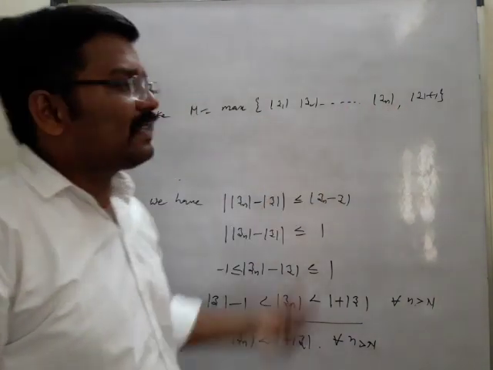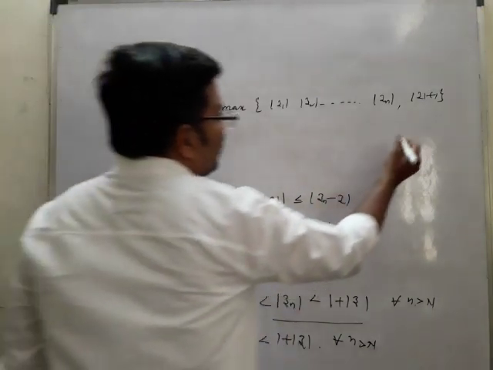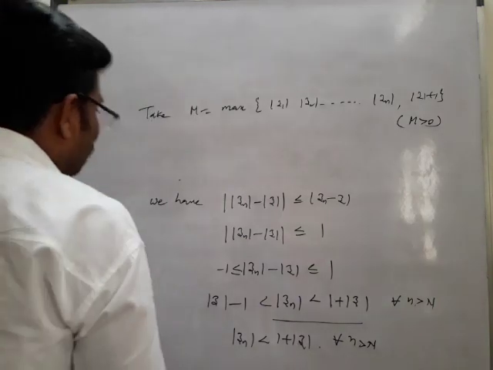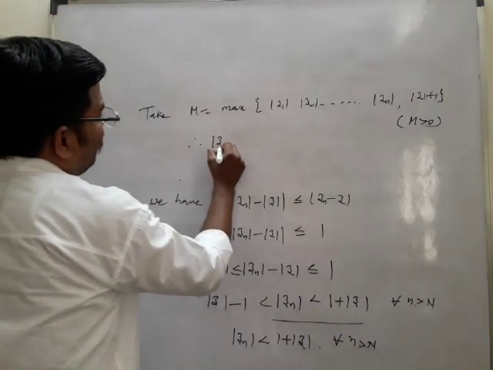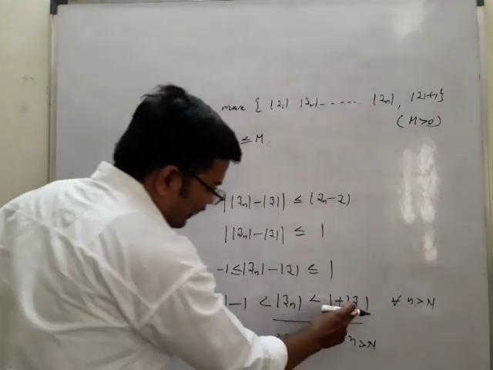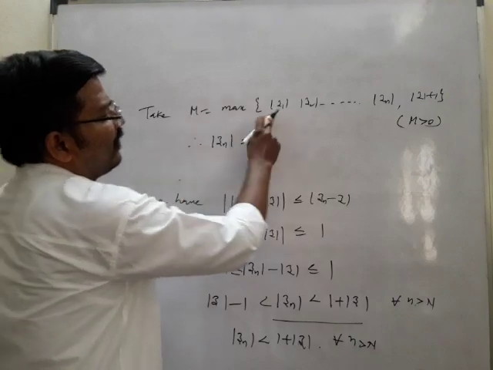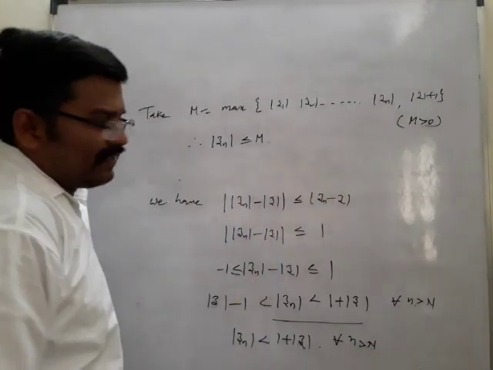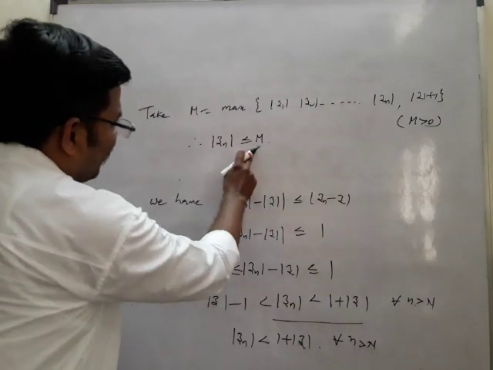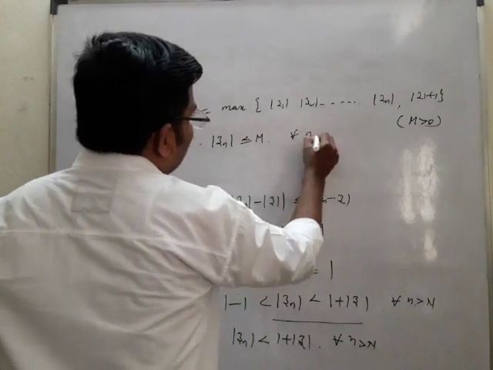In this, the maximum that we have we choose as M, where M is greater than 0. M is always positive. So you will be getting mod Zn less than or equal to M. Mod Z plus 1 is less than or equal to M, because these are all positive values. So this holds for all n.